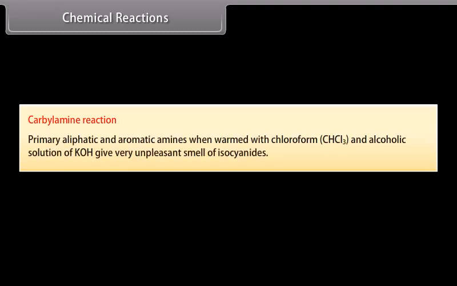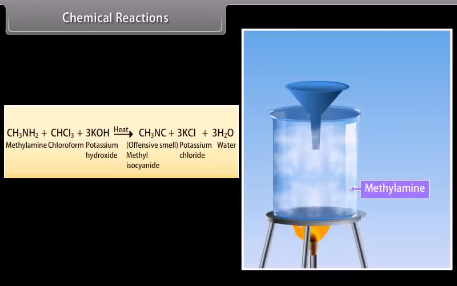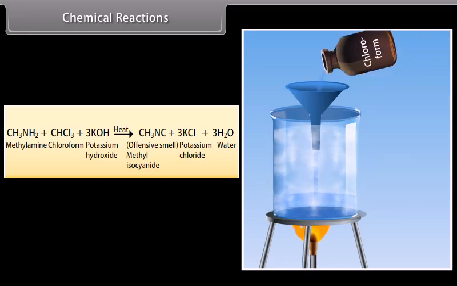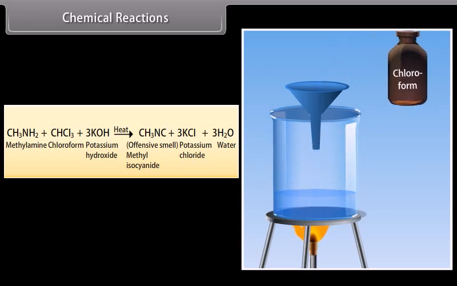Primary aliphatic and aromatic amines, when warmed with chloroform and an alcoholic solution of potassium hydroxide, give a very unpleasant smell of isocyanides. Chloroform and an alcoholic solution of potassium hydroxide react with methylamine and form methyl isocyanide, potassium chloride and water.